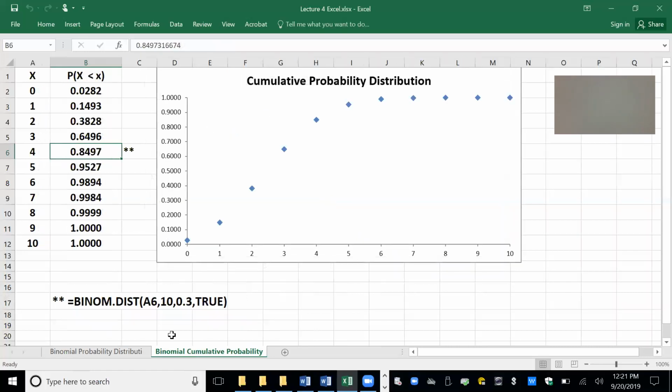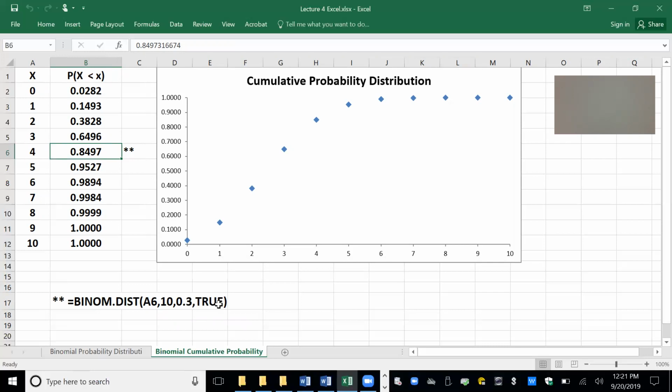If I ask you to plot the cumulative, this is a plot right out of this column in the table. To do the cumulatives, there's a probability of 0 or less, 1 or less, 2 or less, 3 or less, 4 or less, and so on. You do the exact same thing, except when it comes to which, do you want the individual terms or do you want the cumulative?